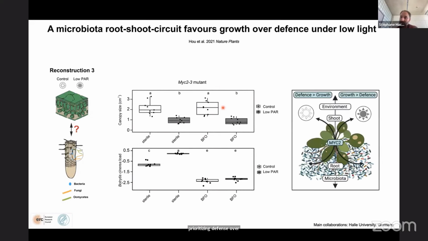So this led us to the important discovery that response to light above ground and response to microbes below ground are actually connected along this root-shoot axis, and that this is dependent on the transcription factor MYC2, and also dependent on the composition of the root microbiota. Basically, under low light, the plants really change the structure of the root microbiota in order to boost microbiota-induced growth over defense responses.